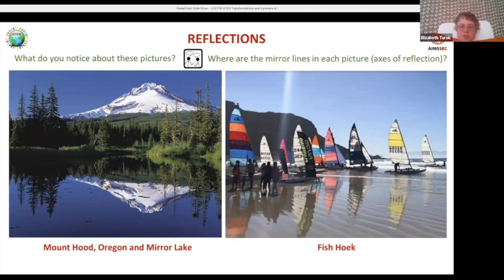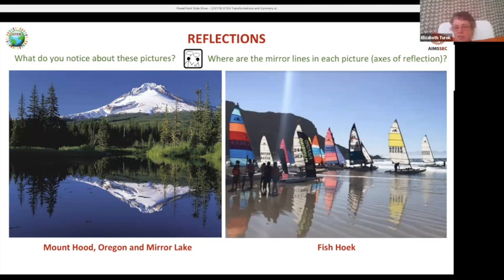So where would the mirror line be in that picture? Do you think? It's a pity you can't communicate, but I think the mirror line, as you would imagine, must be in the middle of the picture horizontally. Just so calm that it looks like glass, just exactly. Yes, it's perfect, isn't it?